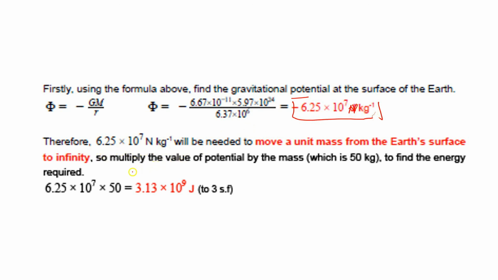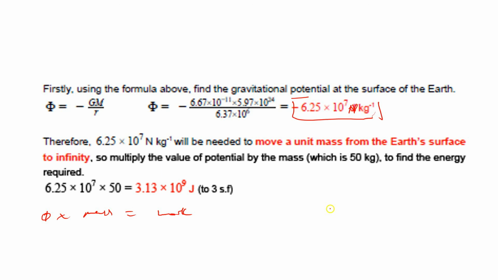Having said that, and manipulating my equation, gravitational potential times the mass is equal to the work. Forgetting about the minus sign in that case showed us that energy was being released from the initial stage. But because the object is moving from the Earth's surface to outside of it, the object is going to gain potential energy.